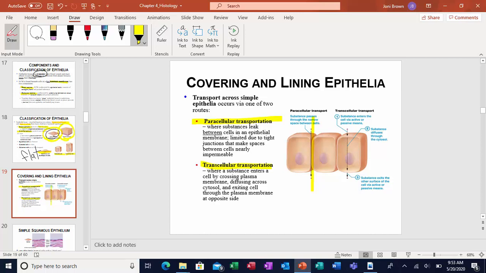Transcellular means it has to cross the cell membrane, go into the epithelial cell, go all the way through it, and cross the cell membrane on the other side. So transcellular, it goes through the cell from one side to the other. Paracellular, it just goes between. That's what para means, between. It goes between the cells.